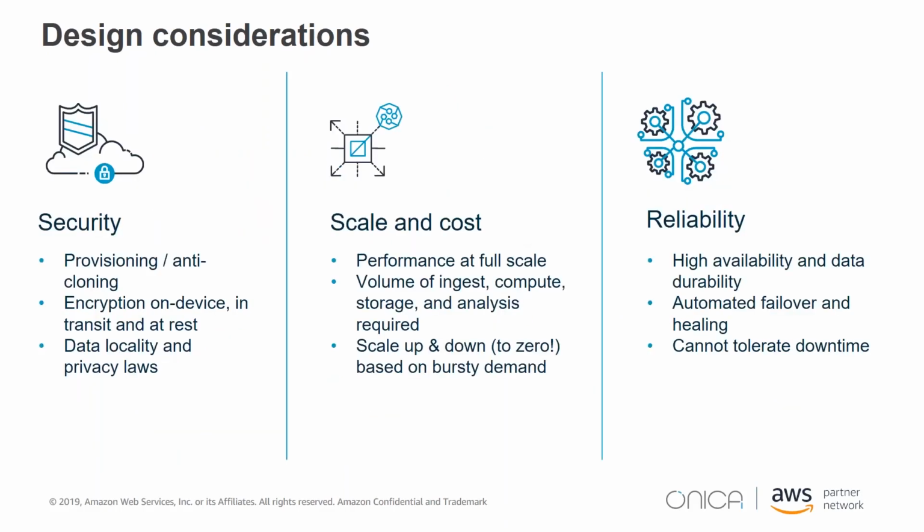On the cloud side then, it's important to prevent cloning of devices and ensure that the device you're talking to is who you think it is. It's important to encrypt this data because actually from this data, you can learn a lot about the time and places that guests were spending their time. And we have to deal with some locality and privacy and regulatory issues depending on where we're deploying. At the same time, we have to make sure we can scale for spiky workloads.